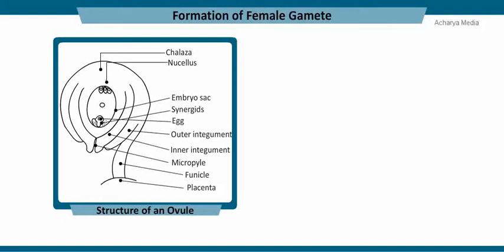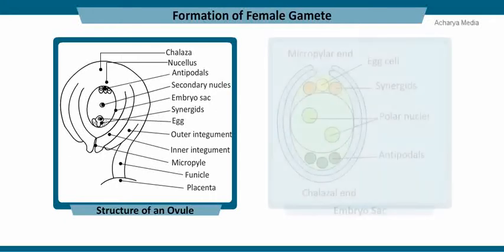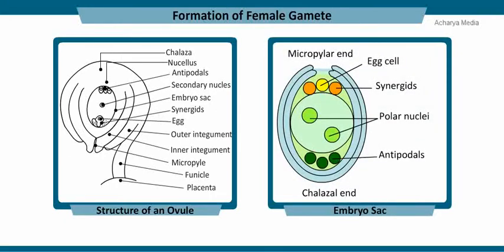On the chalazal end, there are 3 antipodals, and in the middle are 2 polar nuclei, which later on fuse to form a secondary nucleus. Now, the embryo sac is said to be 8 nucleated, but 7-celled structure because all the cells are haploid except secondary nucleus, which is diploid.